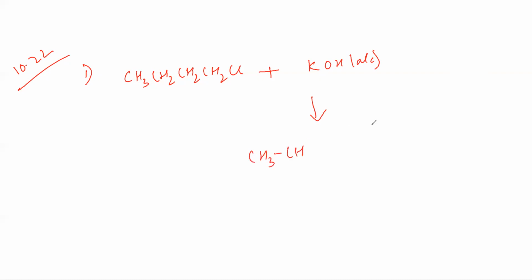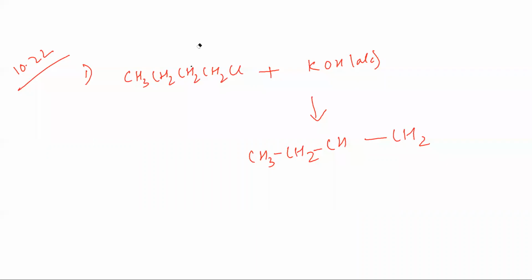Alcoholic potassium hydroxide always does an elimination reaction. When you do elimination, Cl will come out from this carbon, and one hydrogen from the neighbouring carbon, and you will get a double bond at this position.